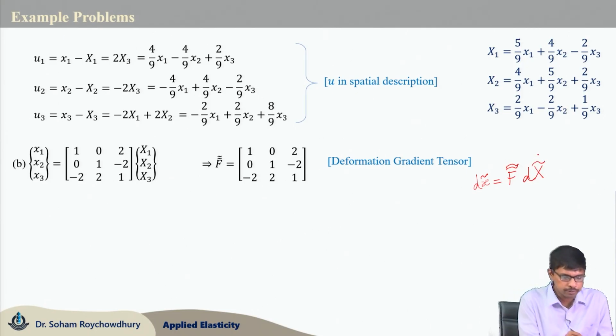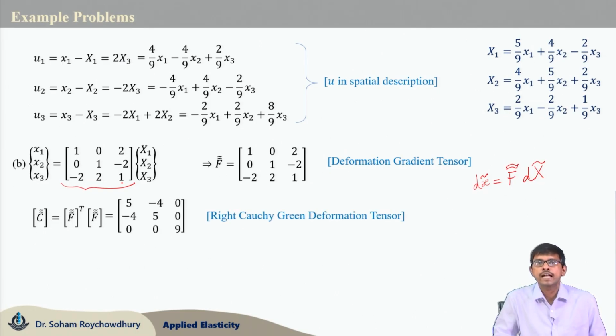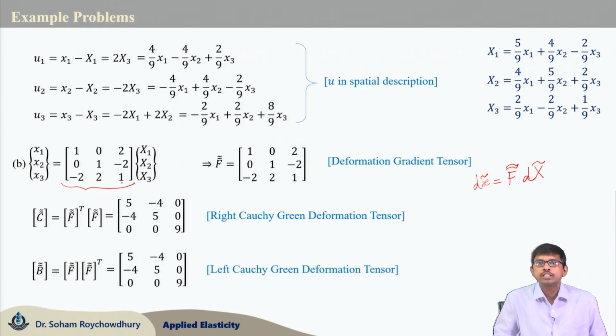So, this particular matrix is nothing but the matrix of the deformation gradient tensor F. Now, you can easily find C, the right Cauchy-Green deformation tensor, by taking the product of the transpose of F with F, that will come out to be this, and B, the left Cauchy-Green deformation tensor, by taking the product of F and F transpose, which will come out to be this.